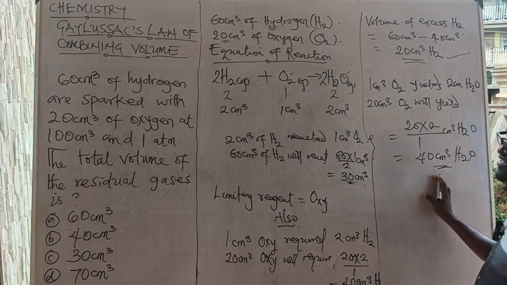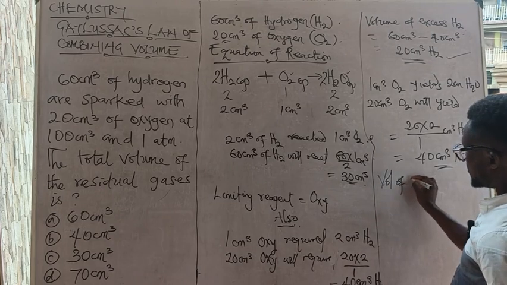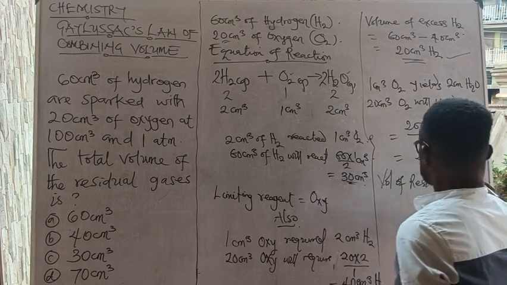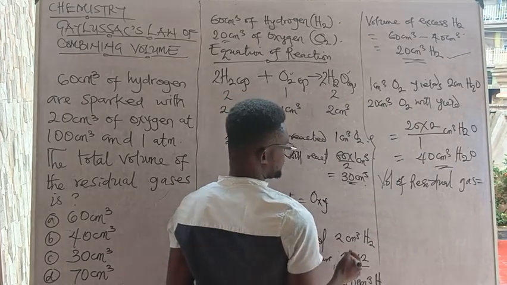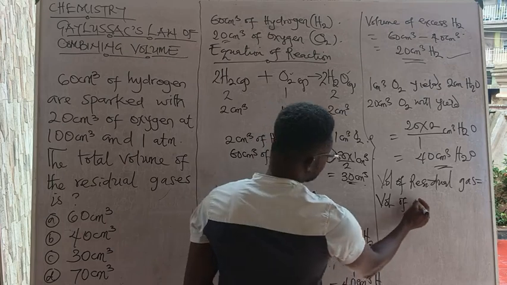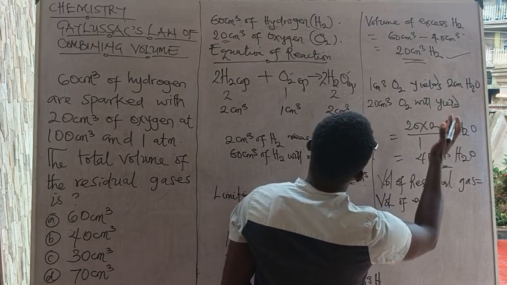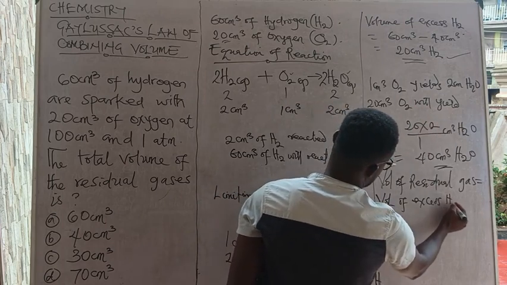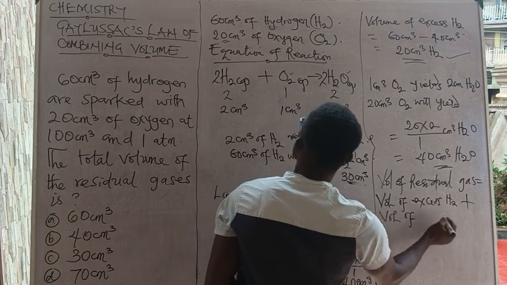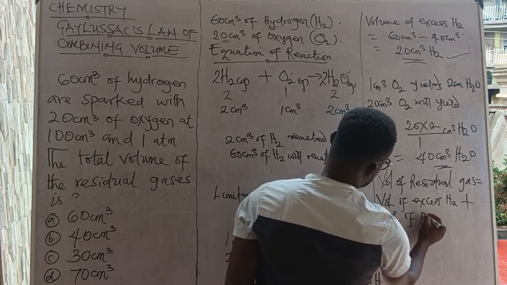So at this point, we are looking for the residual gases. The volume of residual gas will be the volume of excess hydrogen plus the volume of produced gas.